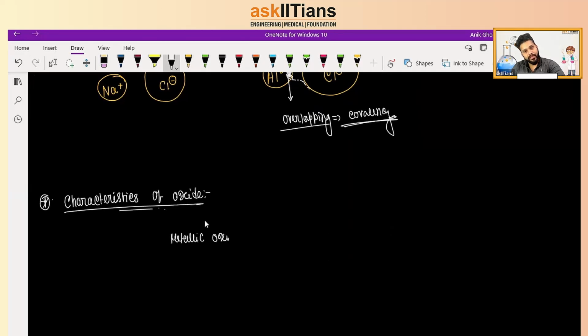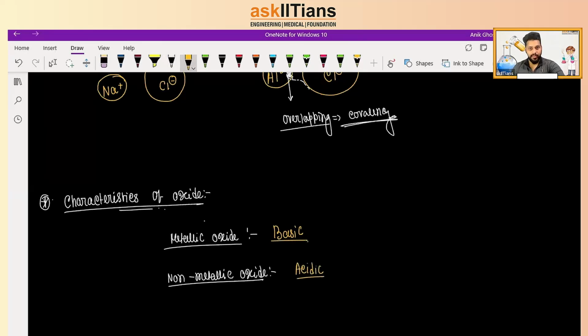What characteristics are we going to see in that? Metallic oxides are actually basic in nature, whereas if I have a non-metallic oxide, those are seen to be acidic in nature. Non-metallic oxides are acidic in nature, and metallic oxides are basic in nature.